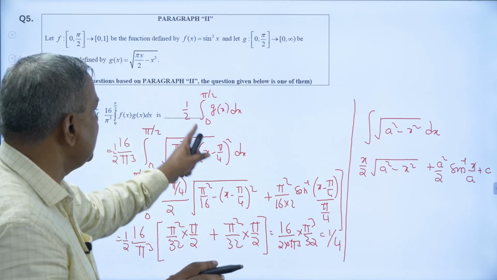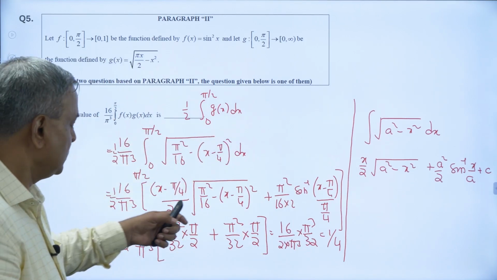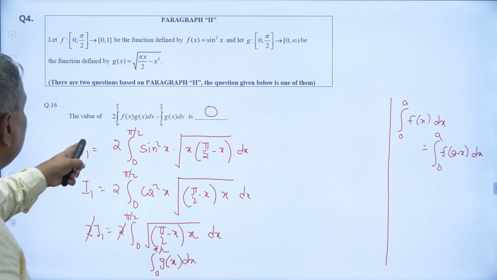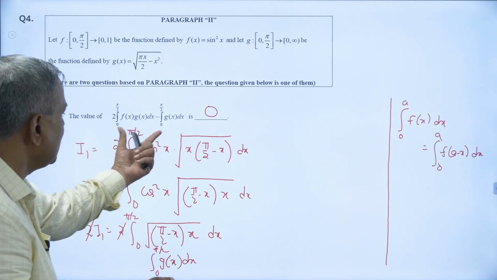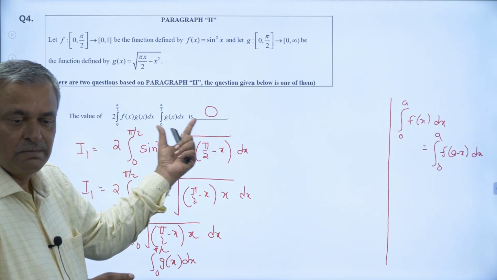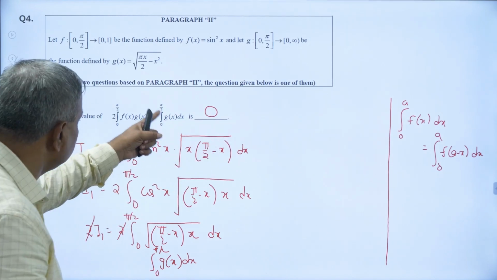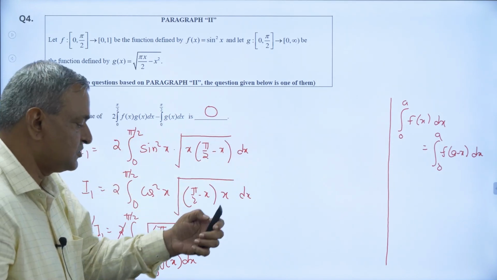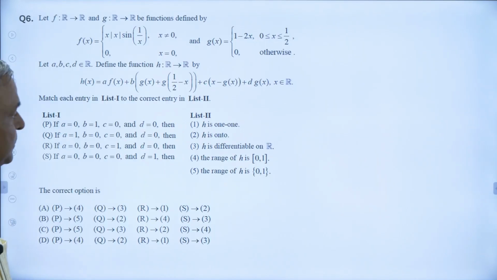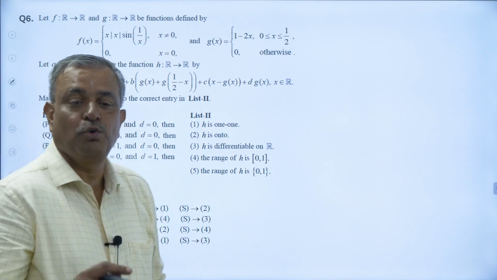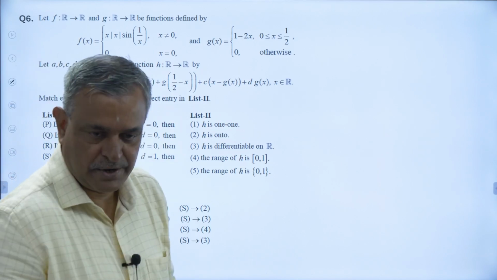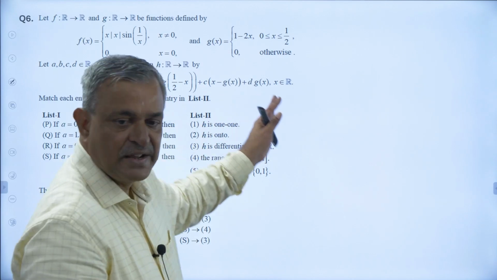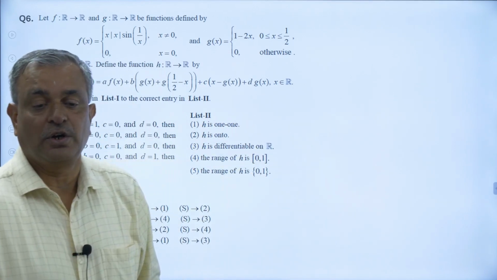A lot of students make the mistake of not writing 1 by 2. That is the reason he gave the question like this, 2 times of this is equal to g of x, because we got the answer 0. So this portion is nothing but half of gx. If you start by the normal method, expanding and separating it, it will take a lot of time.